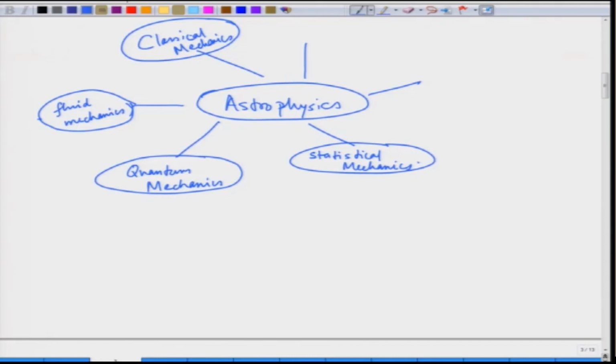Here in this course, roughly I will be using statistical mechanics at its base, but once the fluid equations are derived, we will not be using statistical mechanics explicitly.